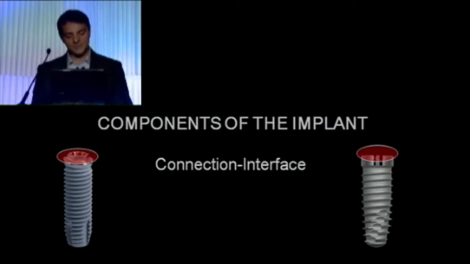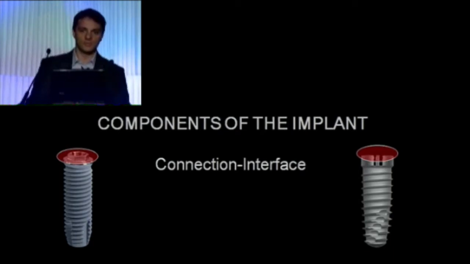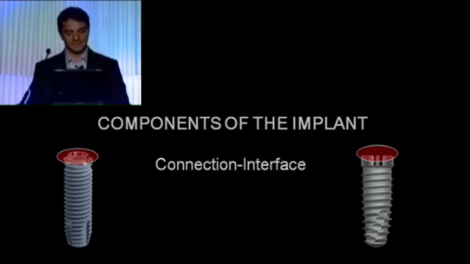First of all, I think one of the most important parts of the implant is the connection interface, which is a part common to the abutment and the implant. It could be a very important part because it's a weak point. It's coming from the oral environment, which is infected, through the gums to the bone. That's why I think this part is quite critical for each implant system.